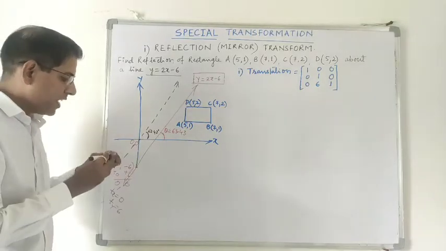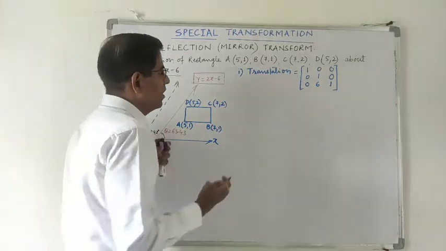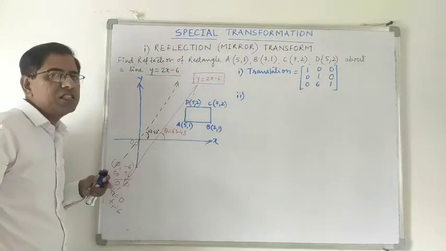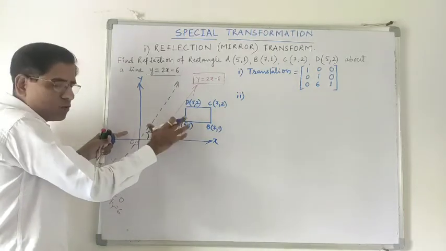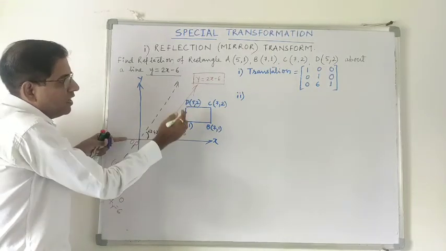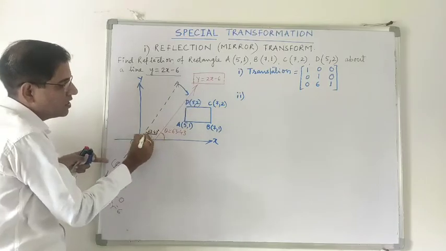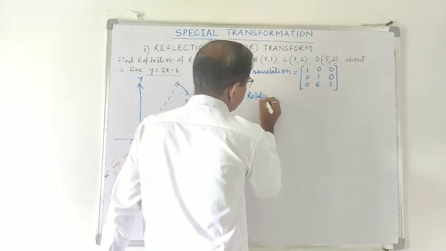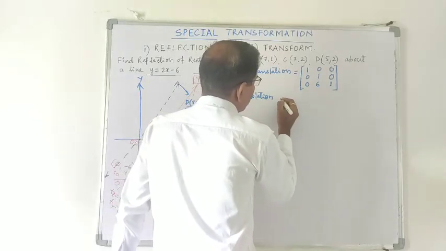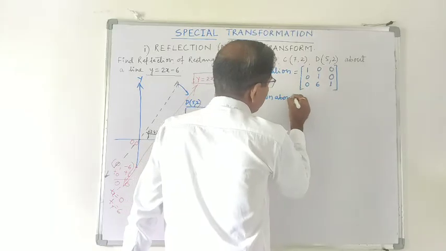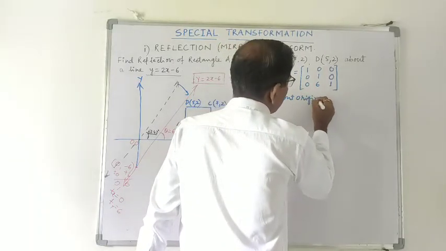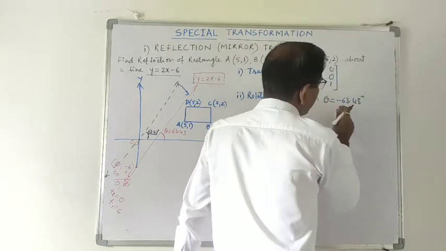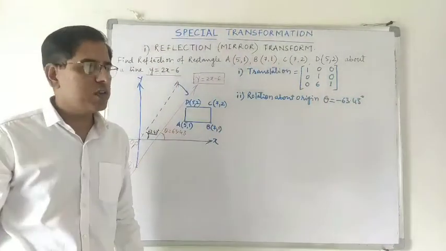Now our second transformation: to make this line coincide with the principal axis, we rotate this line in the clockwise direction by angle 63.43. So the second transformation is rotation about the origin by angle theta equal to minus 63.43 degrees. Minus is because we are rotating in the clockwise direction.